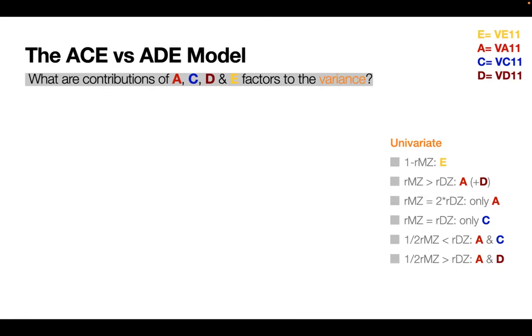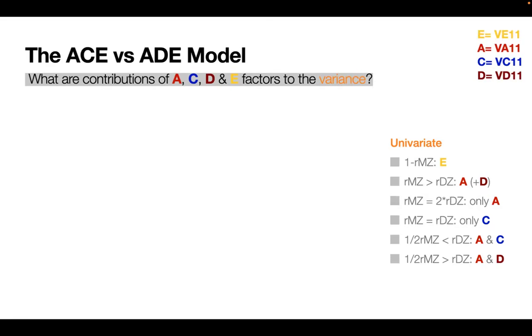We've established that the MZ and the DZ correlation can be equal to one another, which would imply that the shared environment is primarily responsible for those correlations.